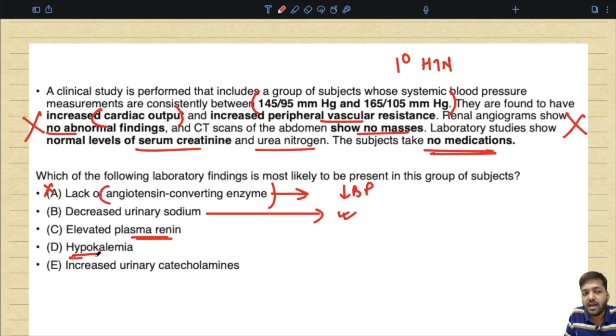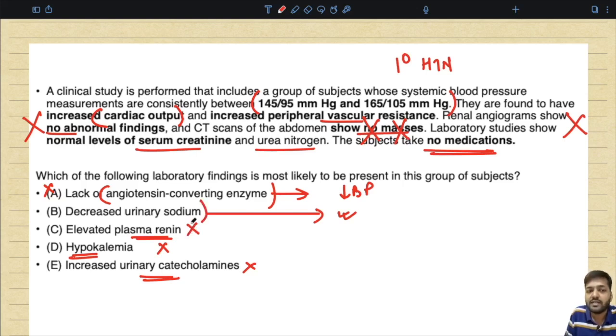Again, hypokalemia, primary aldosteronism, they can lead to hypokalemia. But over here, the CT abdomen does not show any mass. So no adrenal mass was seen over here. Increased urinary catecholamines, again, cannot be a cause, because pheochromocytoma causes raised catecholamines. So that cannot be there. There is no adrenal mass over here. So these cannot be the options, and plasma renin levels cannot be raised.